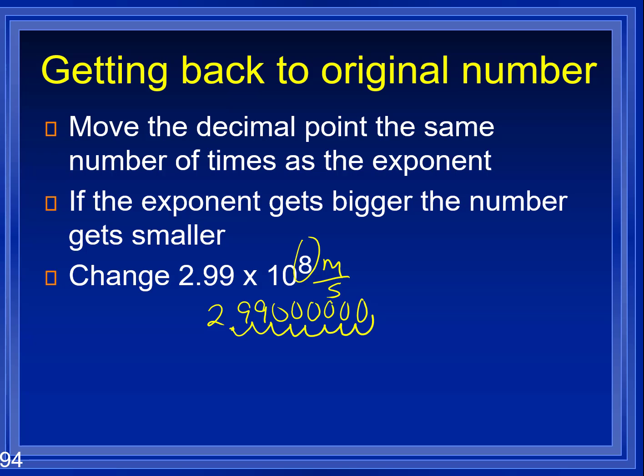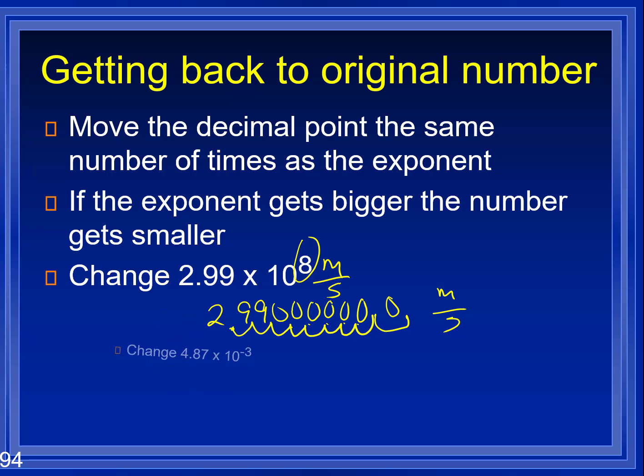So that should be 299 million. 1, 2, 3, 4, 5, 6, 7, 8. Ooh, I left one off. 9. Should be 299 million. Can't count. Meters per second.